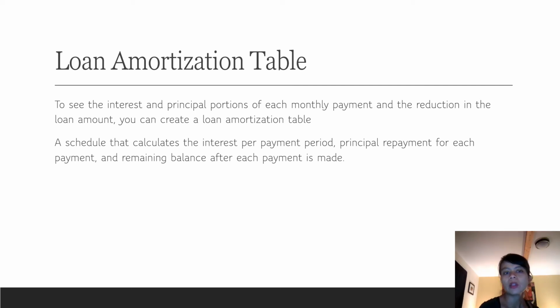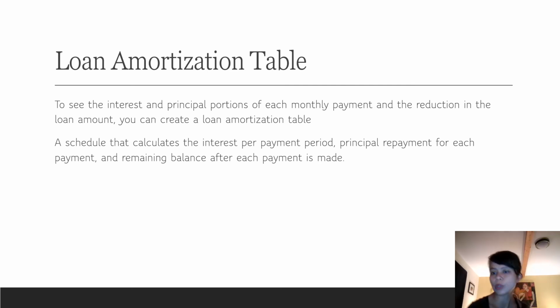Next, we have the loan amortization table. To see the interest and principal portions of each monthly payment and the reduction in the loan amount, you can create a loan amortization table, a schedule that calculates the interest per payment period, principal repayment for each payment, and remaining balance after each payment is made.